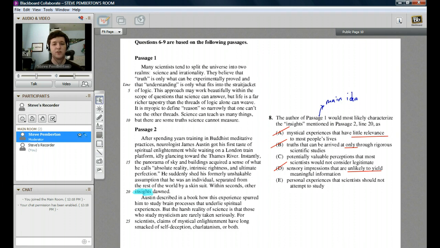Personal experiences that scientists should not attempt to study. He never gave us a recommendation on whether or not scientists should or should not attempt to study this. Remember, should is, again, one of our cautionary words. So only and should, some of our cautionary words. And those are reasons to cross off two of the choices. All we have left is C, and C is definitely what passage 1 would be thinking about, those insights. They could be valuable, and most scientists would just dismiss them, unfortunately.